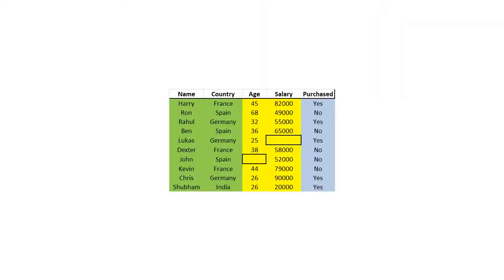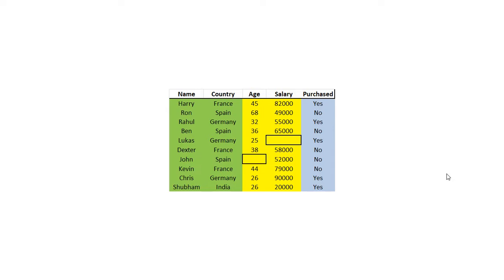Now this right here on the screen is a data set. As you can see, this is a table containing 5 columns and numerous rows. Each row has certain values, while each column depicts a certain feature or characteristic which identifies this table. By that I mean name is a feature, country is another feature, age is another feature, and so on.